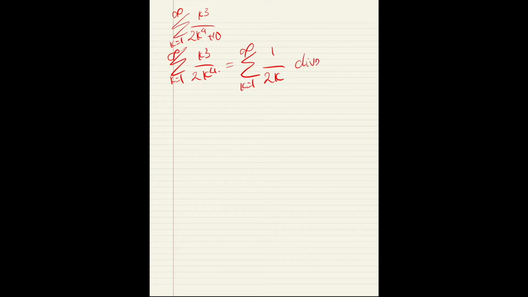Another example is k to the third over 2k to the fourth plus 10. I'm going to compare this one with the series of k to the third over 2k to the fourth, which equals 1 over 2k, which diverges based on the harmonic series.